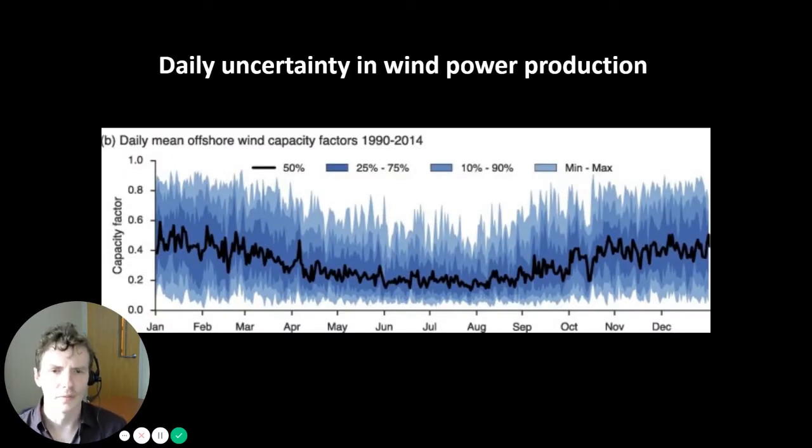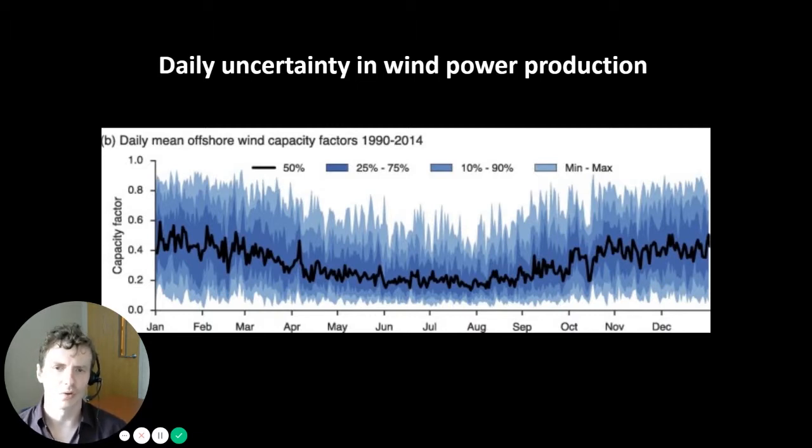There's uncertainty on a daily basis, on a seasonal basis, in how much is going to be there. And we might be able to describe probabilistically what the chances are that we have a certain amount of wind power production. But ultimately, it's not something that we are always able to predict. Sometimes there's error involved. And so it's a little bit like rolling a dice.